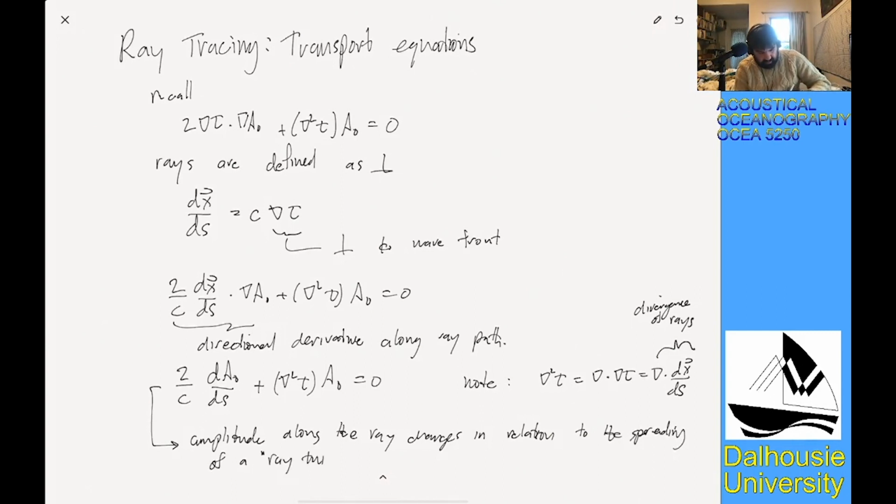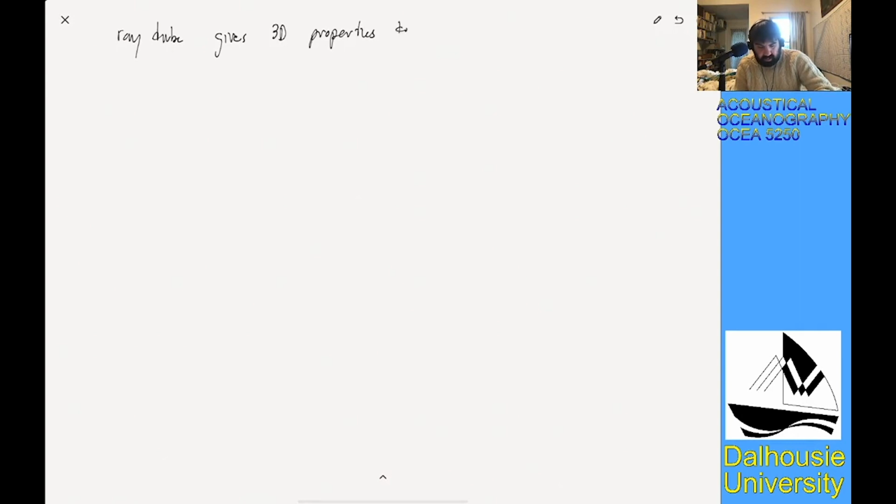So we're giving our rays some characteristic cross-sectional area now. Call them a tube. So let's be more specific about that. The ray tube gives 3D properties to our 1D ray. I think it's pretty easy to imagine. It's a very intuitive idea.